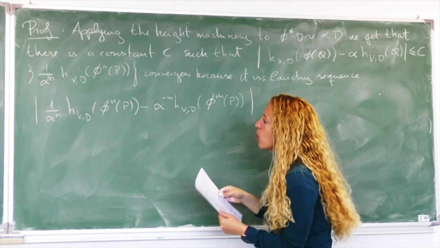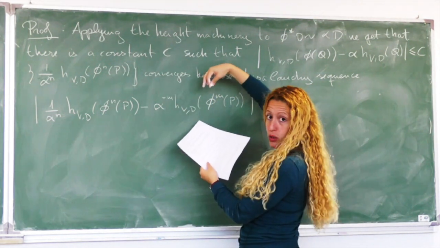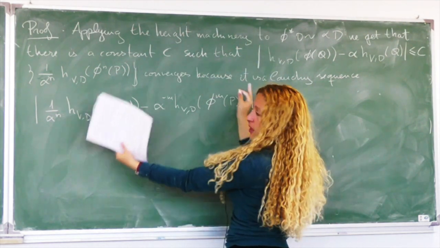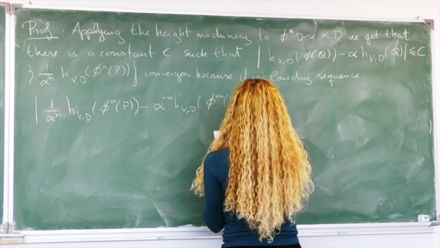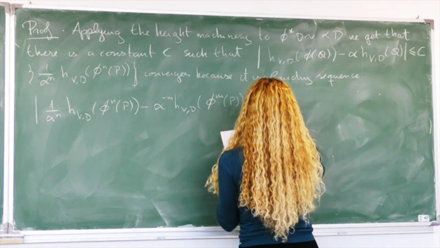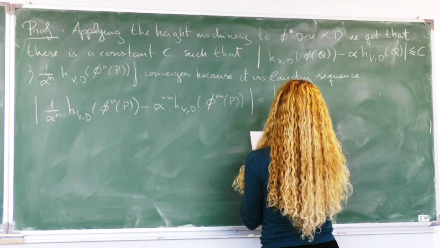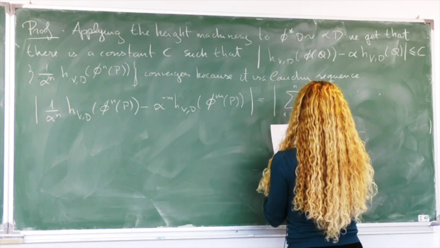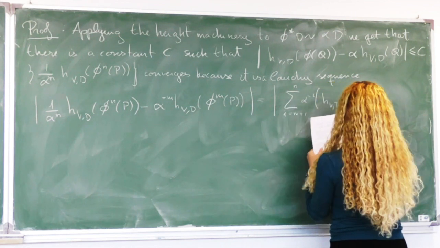Here I write a term with n, a term with m, and we want to check that when n and m are very big, then this thing is very small, right? This is what we want. So this is equal, I can rewrite it as follows. You may think that is a weird way of rewriting things, so I write it and I explain why we take it like this.